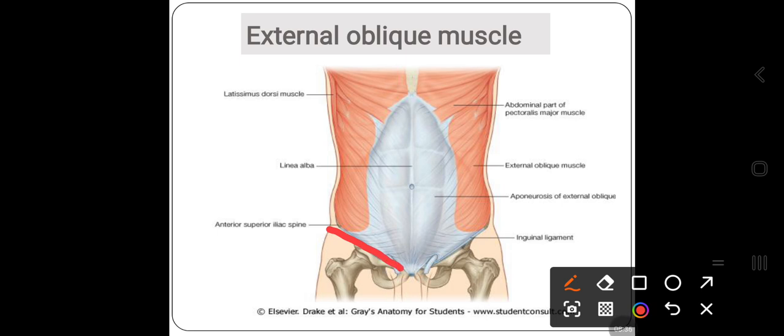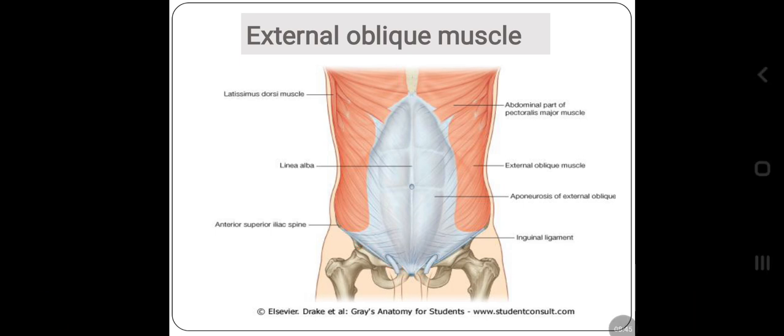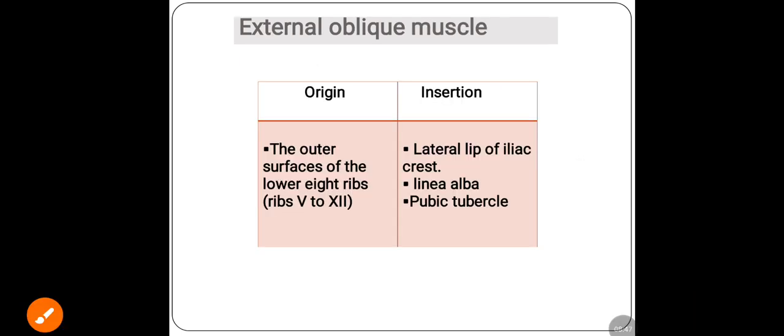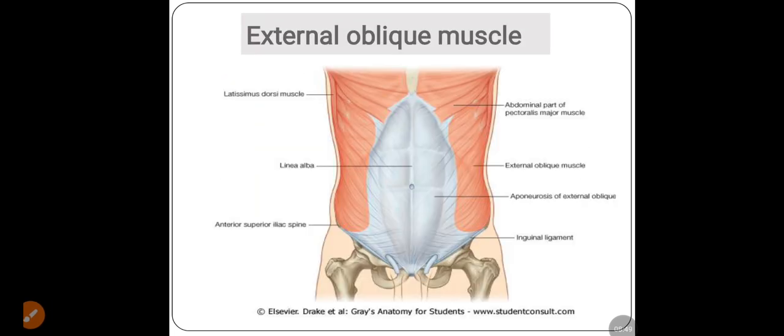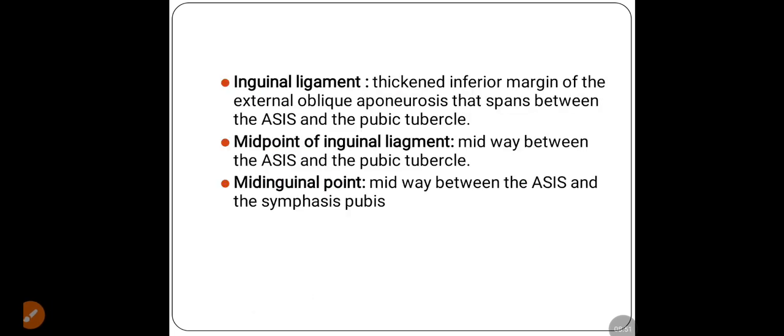It extends between the anterior superior iliac spine and symphysis pubis. Here the lower surface rolls on itself to form the inguinal ligament. So what is the inguinal ligament? The inguinal ligament is the thickened inferior border of the external oblique muscle, which extends between the anterior superior iliac spine and pubic tubercle.